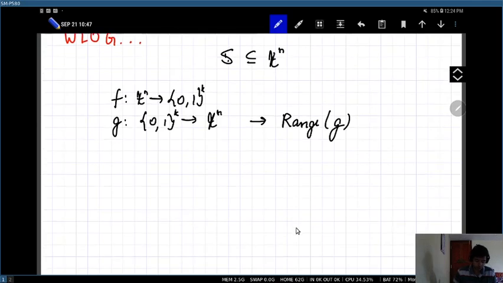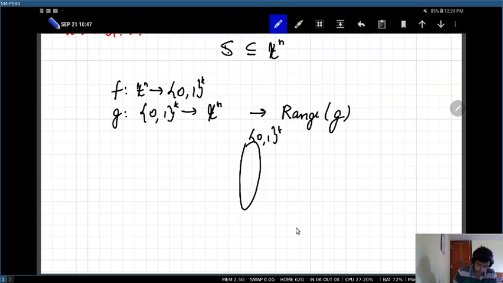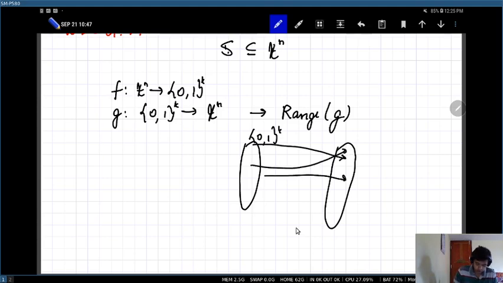So what do I mean by this? Let's look at G. You have the set of all binary sequences of length k, and G takes these binary sequences to sequences in xn, right?